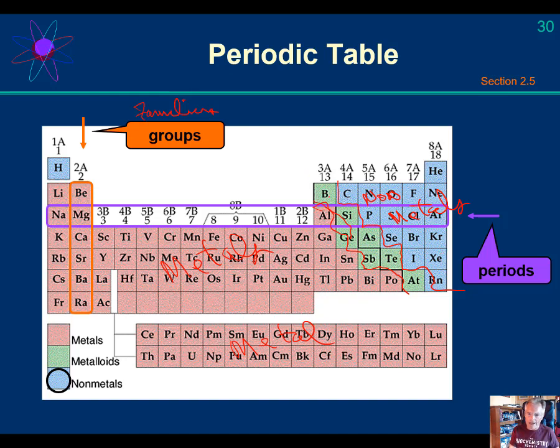And these guys right down here in green that are inside these very rough red lines I've drawn here, these are called metalloids. And they're very special elements because they share properties with both the non-metals and the metals. How special are they? Well, think about silicon. Silicon is in all the electronic devices that you have.